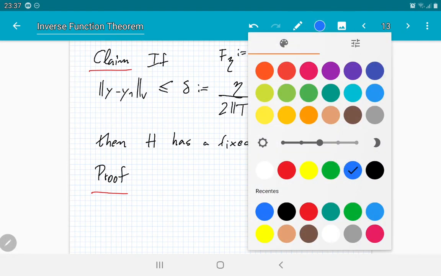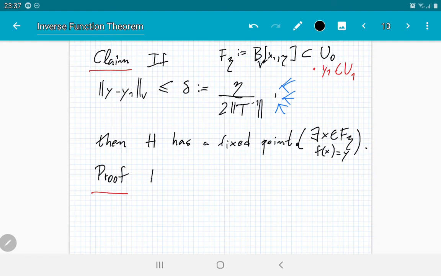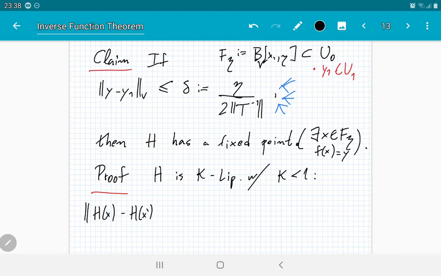Okay, this proof is going to have several steps. First, we're going to argue that h is kappa Lipschitz with kappa less than 1. Let's see why that is. I want to compute h of x minus h of x prime.